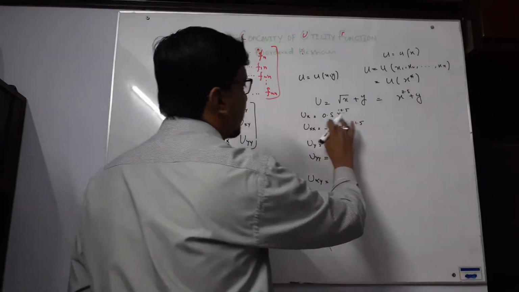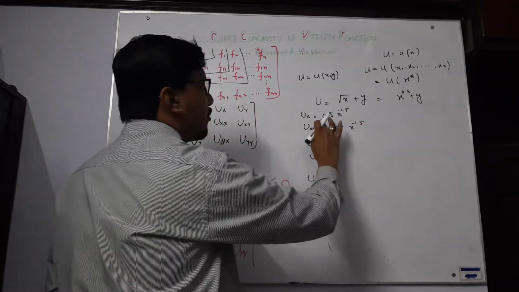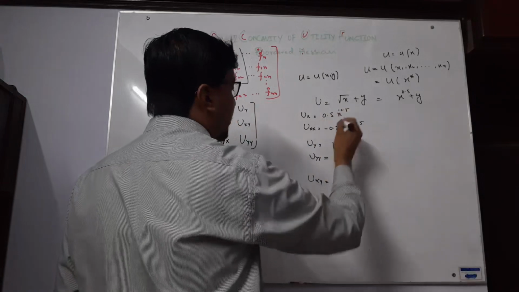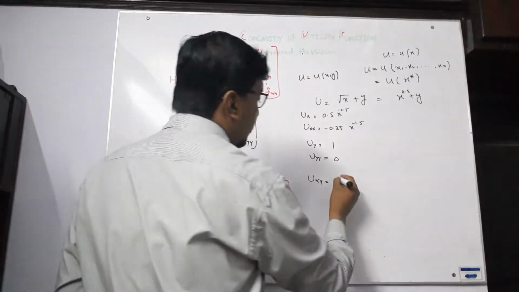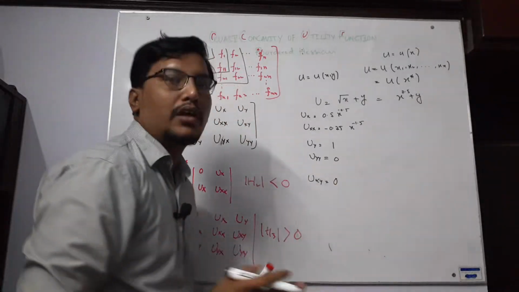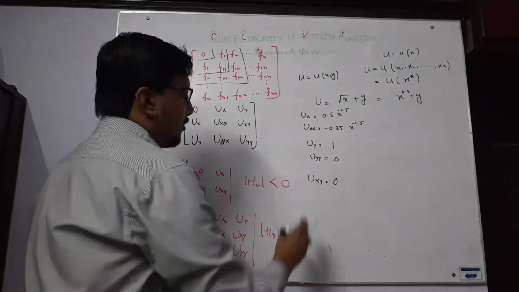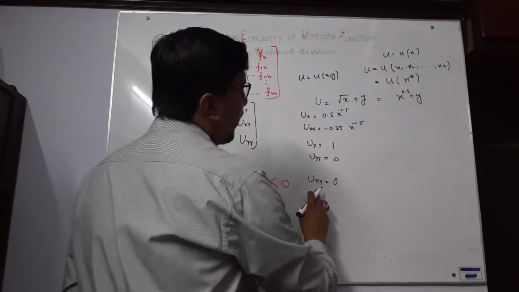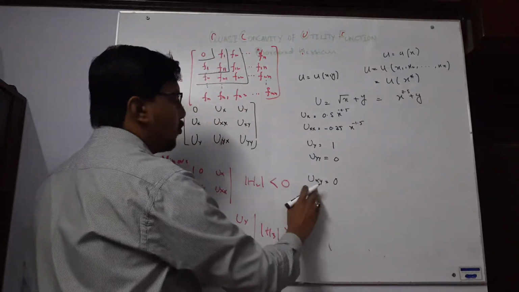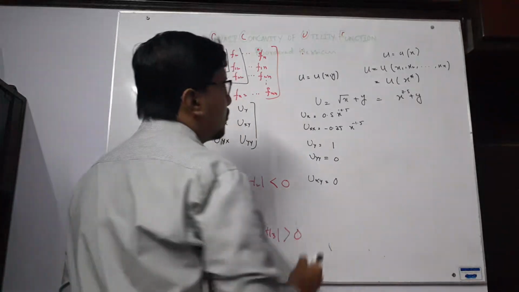Now we are going to take the derivative with respect to y, so there is no y term, so it will be considered a constant, and the derivative of a constant term is equal to 0. And we will not calculate uyx because the cross derivatives are always the same. So uxy and uyx are both the same, so uyx is also 0.